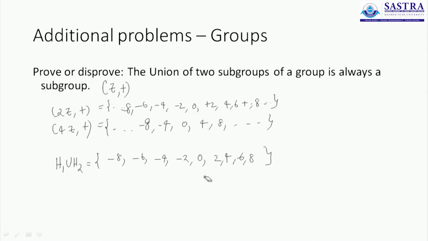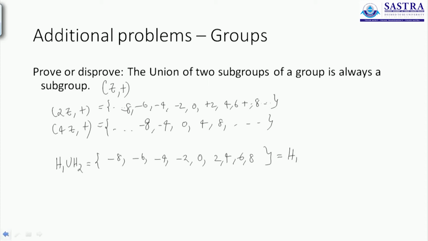So where is the problem? In the last slide we saw that the union of two subgroups is not a subgroup because it was not closed. In this slide you see the union of two subgroups actually being a subgroup. So how do you understand this? The answer comes from identifying that H1 union H2 is the same as H1.